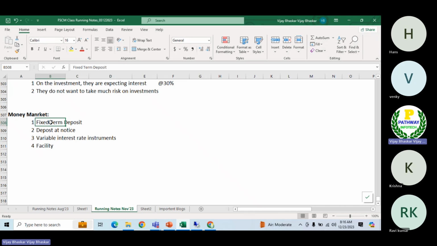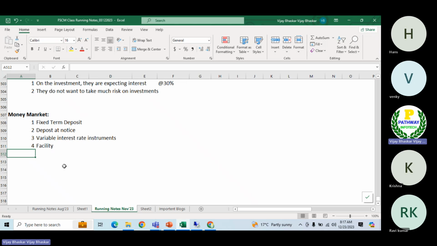We know about fixed term deposit, but there is a difference between fixed term deposit and deposit at notice. Then variable interest rate instruments, where the interest rates are not fixed. They will vary, either depending on the period or on the days, whatever it may be. We'll see that. Then the functionality of the facility. We may see two kinds of facilities. One is a syndicate facility, another one is a bilateral facility.